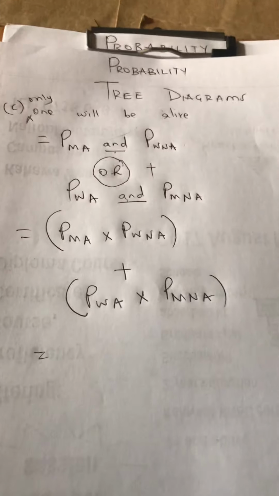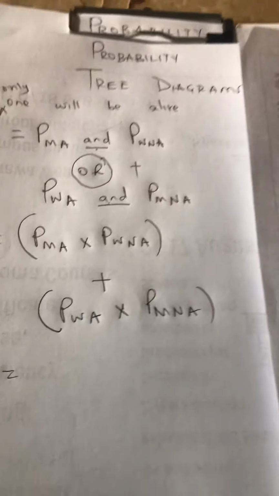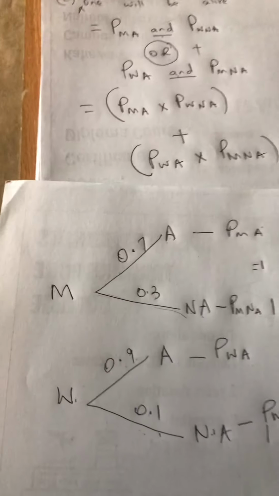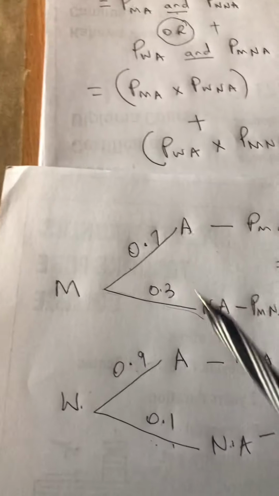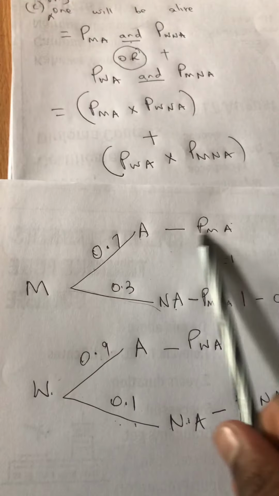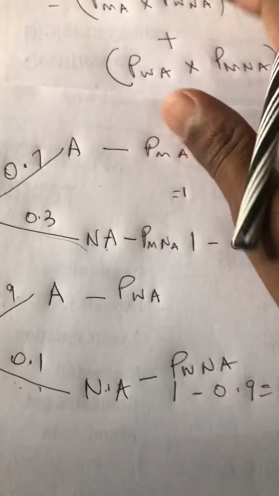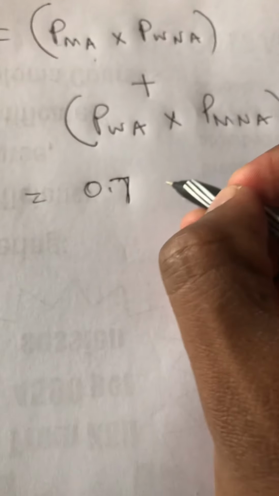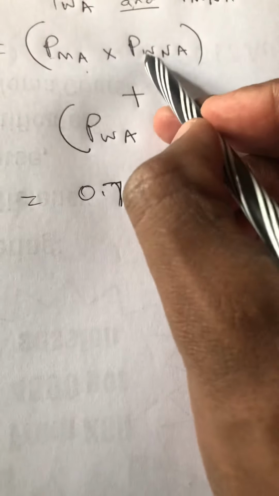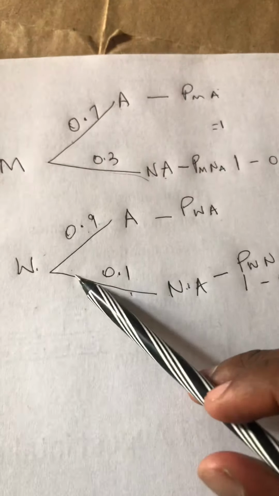Then let's go back to our tree diagram. Probability man alive is 0.7. So this will be 0.7 multiplied by probability woman not alive, which is 0.1.